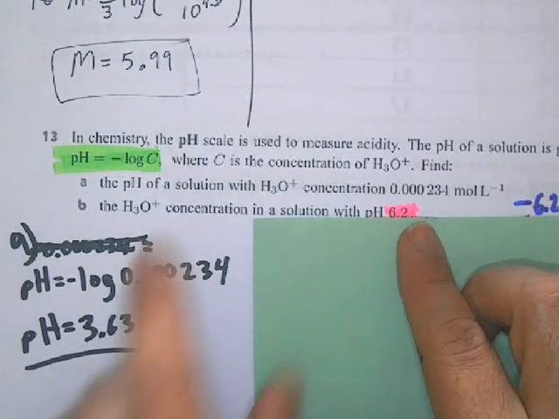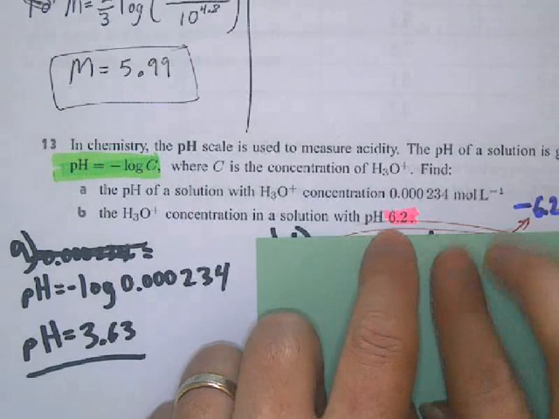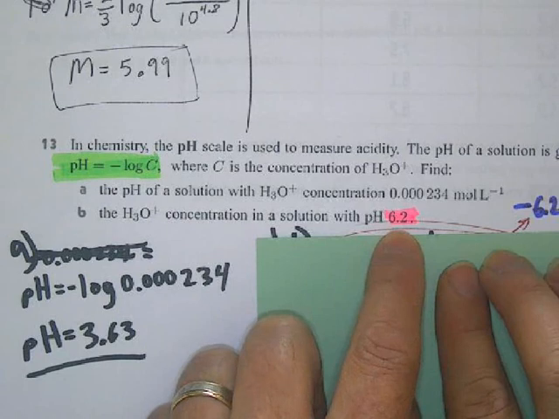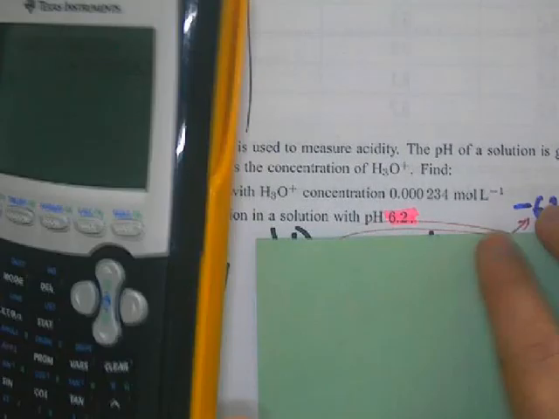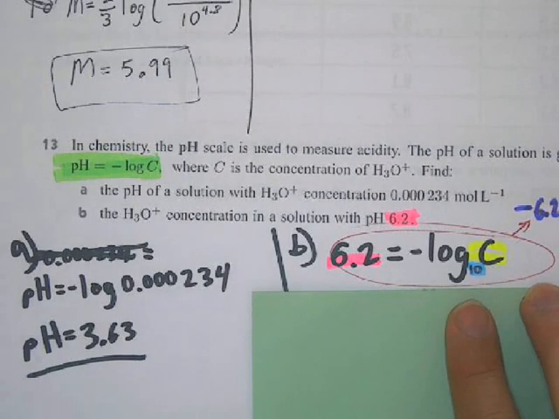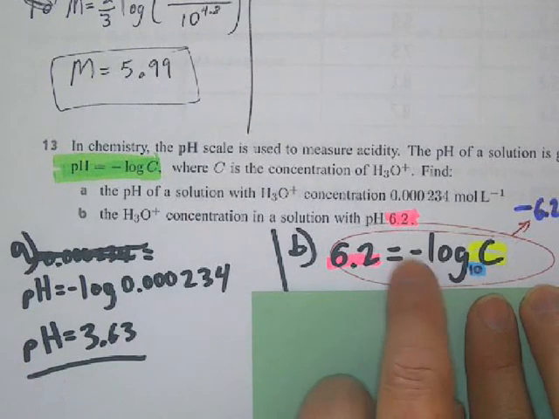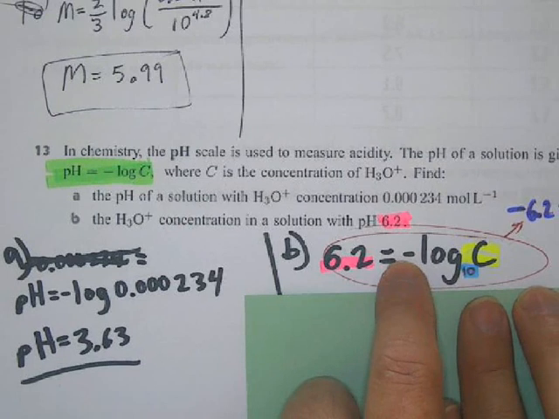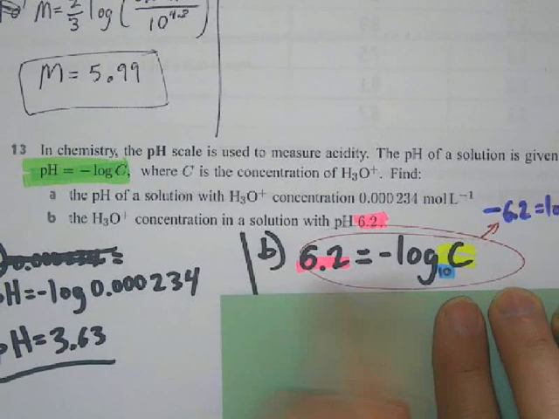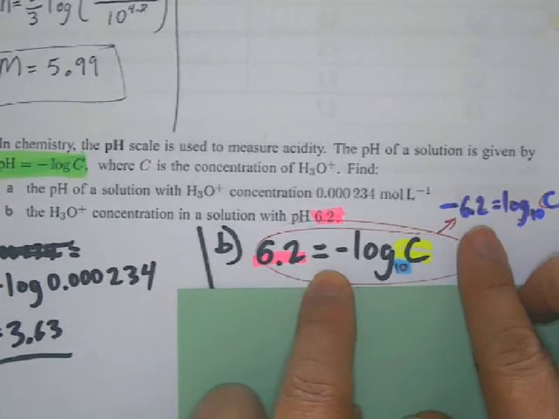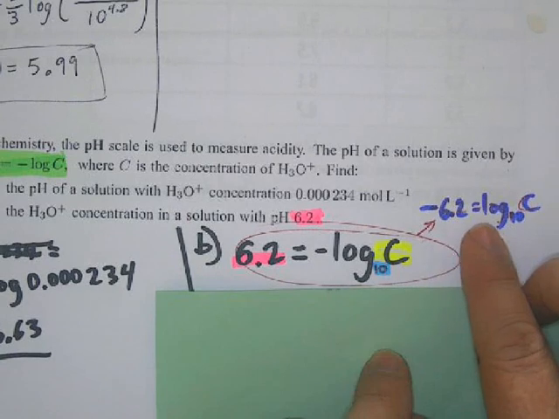Now, if you want to get to the pH of 6.2, we need to figure out the concentration. So here I just rewrote the formula that we've got here. But to get rid of this log here, I'm just going to multiply both sides by a negative sign. So I have negative 6.2 equals log base 10c.